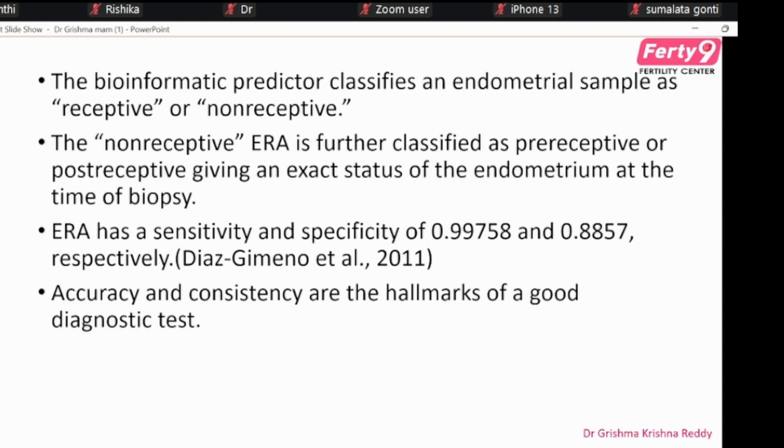If the report comes as non-receptive ERA, it is further classified as pre-receptive or post-receptive, giving an exact status of the endometrium at the time of biopsy. Its sensitivity is good, but specificity is low.